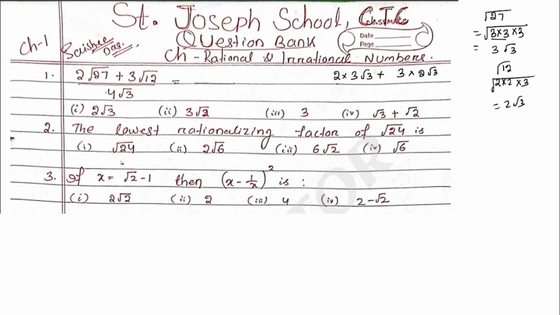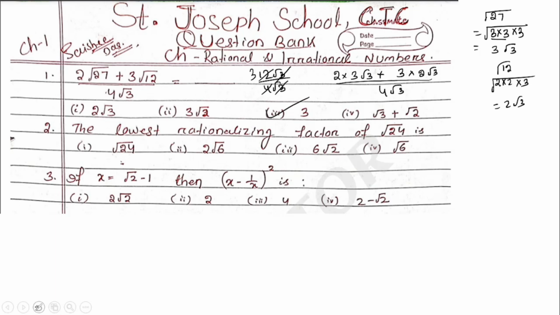Divided by 4 root 3. Now solve: 6 root 3 plus 6 root 3, that is 12 root 3, divided by 4 root 3. Root 3 cancels, 4 threes are 12, so the answer is 3.